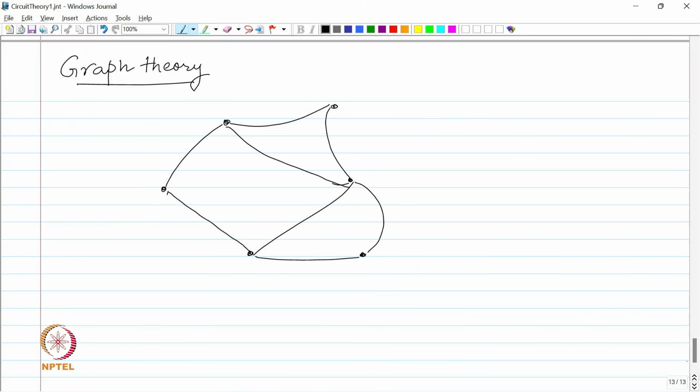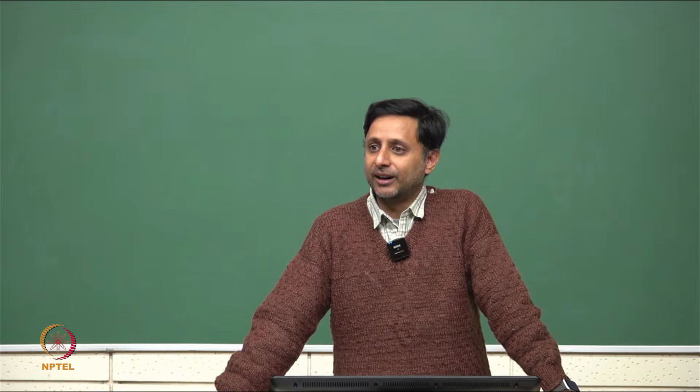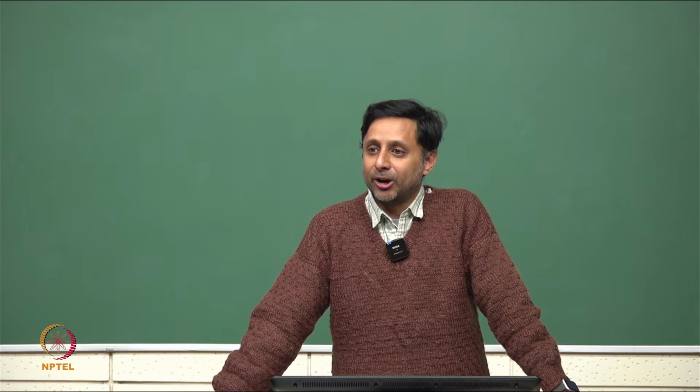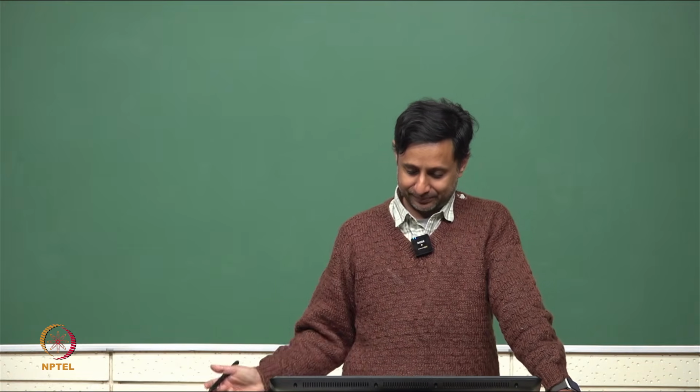All right. It is a loose set of nodes and interconnections between the nodes, these are called branches. It is all loose. Okay. All the branches are like rubber bands, they can stretch, they can shift around, the nodes can move around, no issue. Fine. This is going to be called a, what is it going to be called? A graph.